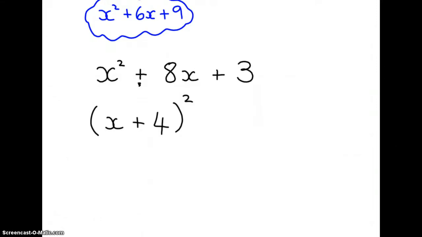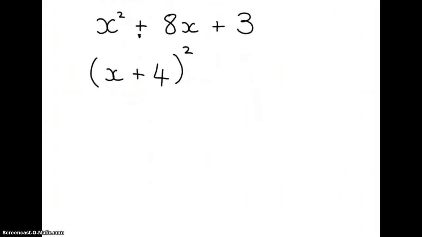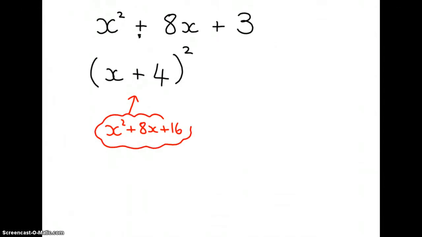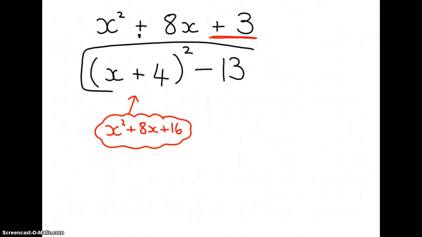And I'm thinking in my head, if I multiply that out, I'm going to get x squared plus 8x plus 16. What do I need to do if my final answer has to be that plus 3? Well, I need to take away 13. And that is your square completed.